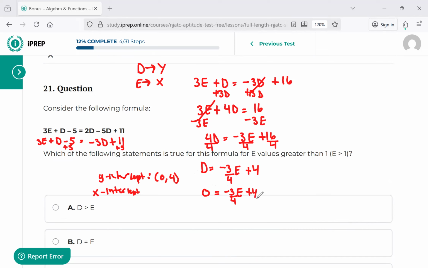Subtract 4 from both sides: negative 4 equals negative 3/4 e. Get rid of the fraction by multiplying both sides by 4. So 4 times negative 4 is negative 16. The 4's cancel, you're left with negative 3e. Divide both sides by negative 3. That's about 5.3, so you have an x-intercept at 5.3.